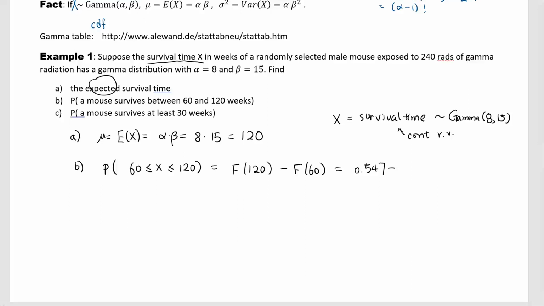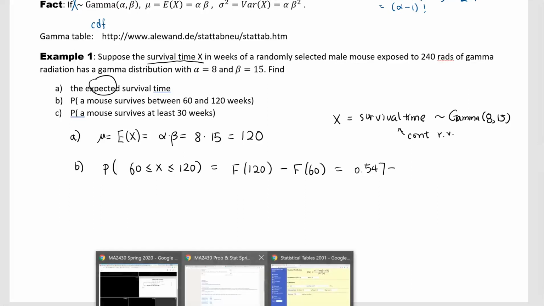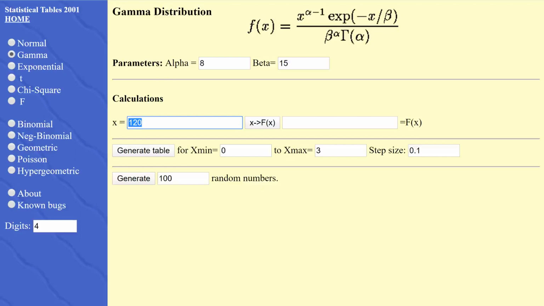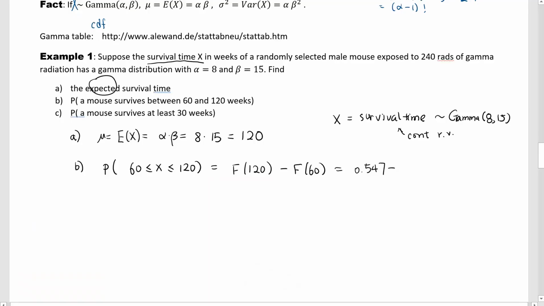Subtract, we plug in x is 60, which gives 0.0511. So we plug this in our calculator. What do we get? We get 0.4959. So this is the probability of a mouse surviving between 60 and 120 weeks.